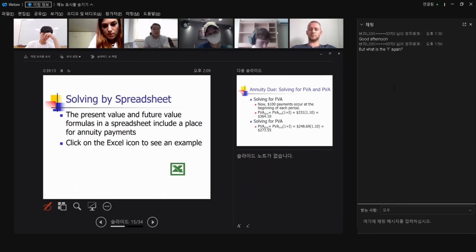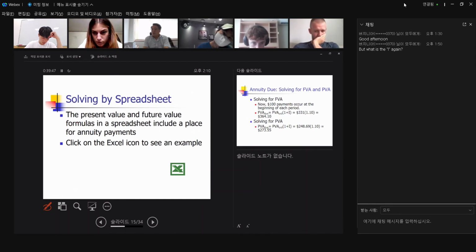So far we solved the future value and present value of annuity by using the table and the formula, but a more convenient way is to use the Excel spreadsheet.